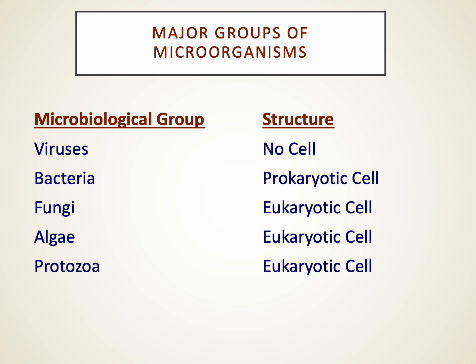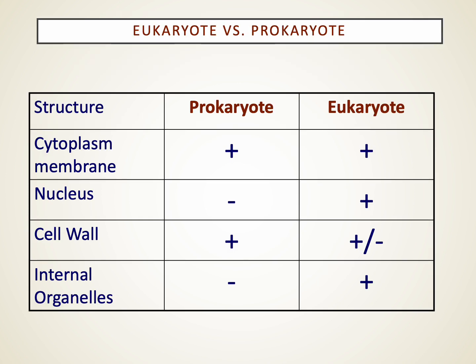And then bacteria fall somewhere in the middle, and we're going to look at what some of the differences between the bacteria and us are that could serve as a target for that pathogen. So we look at these differences of prokaryotic versus eukaryotic cells. We look at cell membranes, if they have a nucleus, cell walls, and internal organelles.